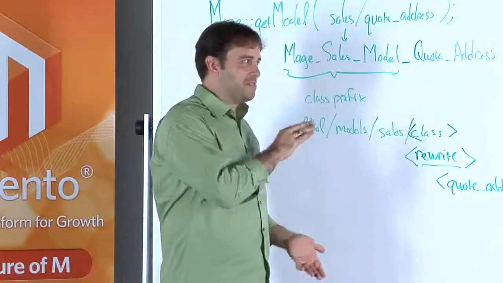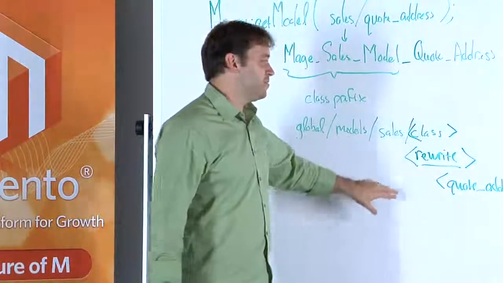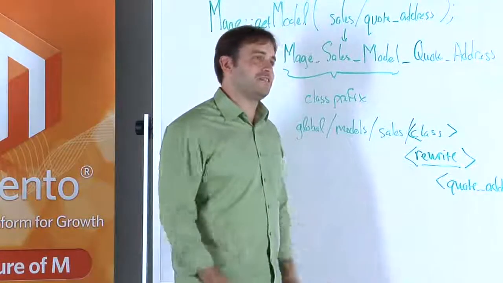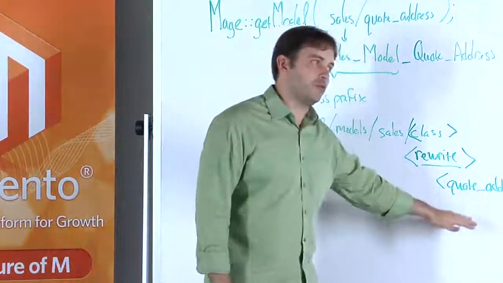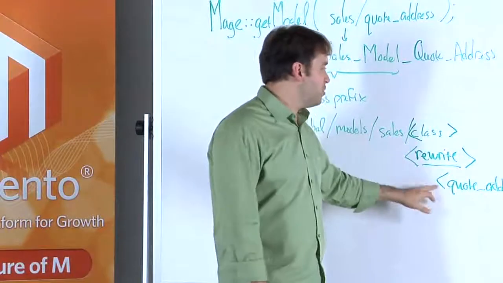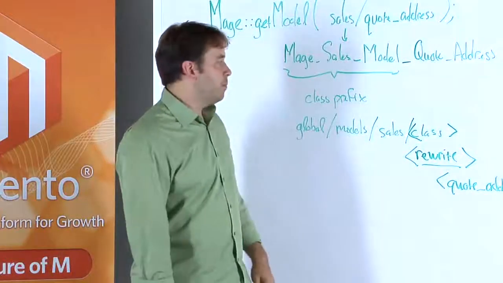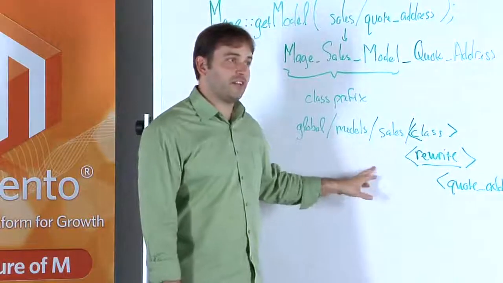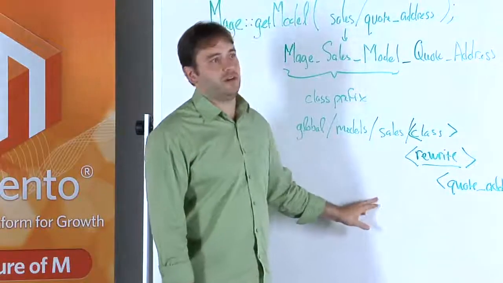This whole process, it took me... well, parts of it, I don't think I ever looked under the hood until I started teaching this class. I mean, not really following it all the way through. You knew about the rewrite node, you know about these things, and you become more familiar with the system. But it doesn't hurt. Remember, I've referenced that class several times, Mage Core Model Config. Feel free to look in there.